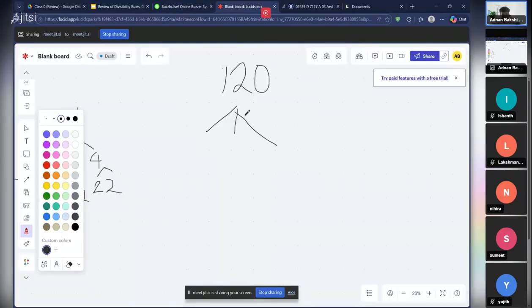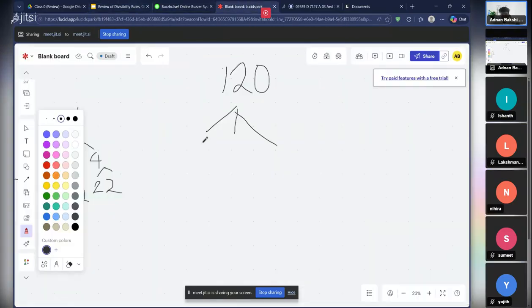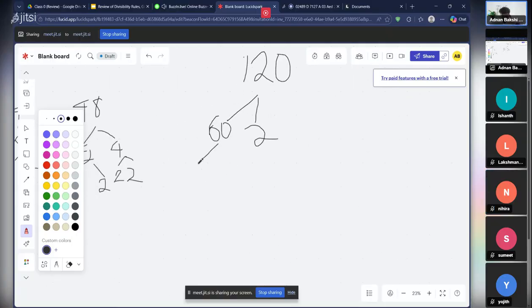So actually, you wouldn't include 1 in your answer. It's okay though. Let's see if you got everything else right. So 120, you can split that into 60 and 2. You can also do 2 and 30.